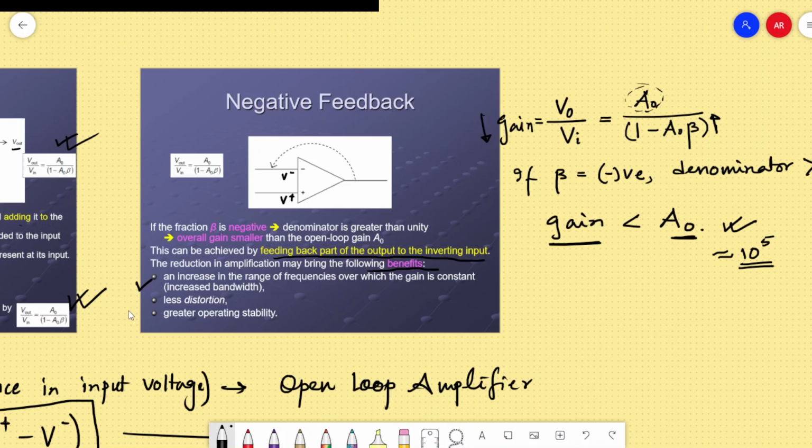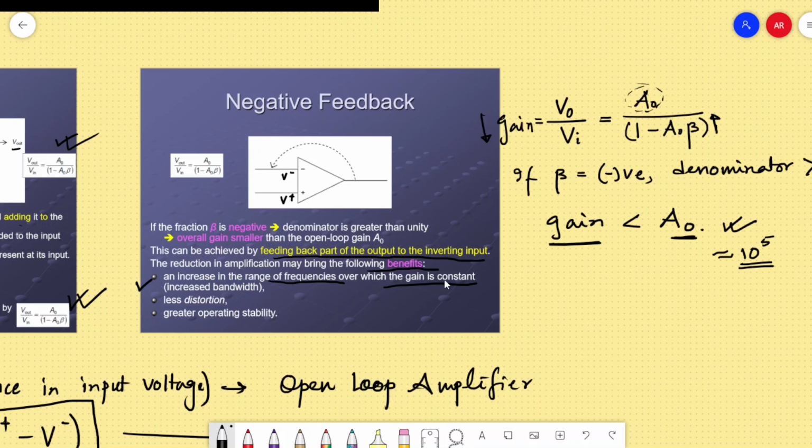It increases the bandwidth. What increases the bandwidth? The feedback. So the question is, what is the advantage of using the feedback amplifier? Why do you use feedback? This is the benefit of feedback. It increases the bandwidth. To be a little more elaborate, you can say it increases the range of frequency over which gain is constant.